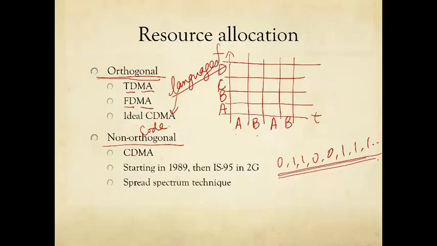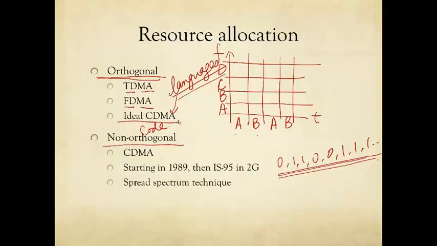So if somebody is talking Spanish and another person is talking Korean, that will help to differentiate the conversation. Now, of course, it is only an orthogonal resource allocation if these codes are ideal, in the sense that they can perfectly differentiate the conversation. Just like in languages, sometimes the same pronunciation is valid in different languages. They just may have different meanings in different languages.